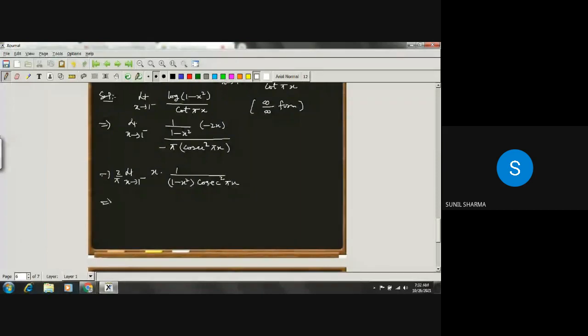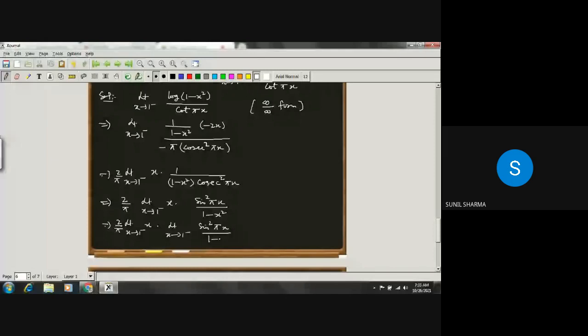In the next step, I write 2 by pi limit x goes to 1 negative x into 1 upon cosecant square, I can write this as sin square pi x divided by 1 minus x square. So we separate this into two functions. This is f(x), this is g(x). So we apply 2 by pi limit x goes to 1 negative x into limit x goes to 1 negative sin square pi x upon 1 minus x square.